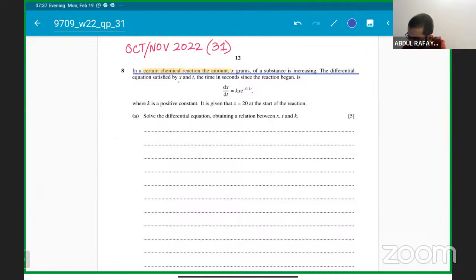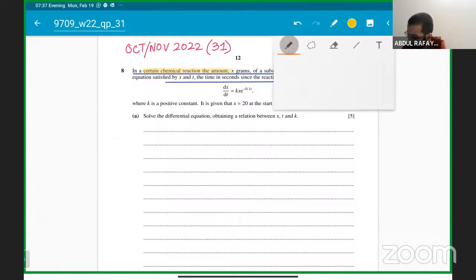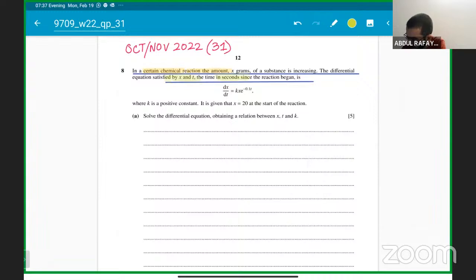The differential equation satisfied by X and T, the time in seconds since the reaction began, is as follows: dx over dt is this thing, where k is a positive constant. It is given that x is equal to 20 at the start of the reaction. We have to solve the differential equation, obtaining a relation between x, t, and k, for 5 marks.